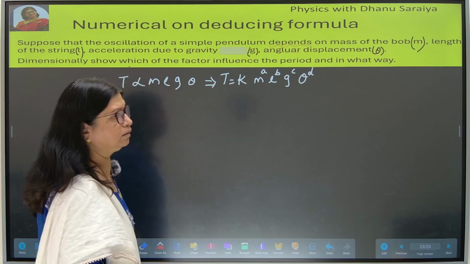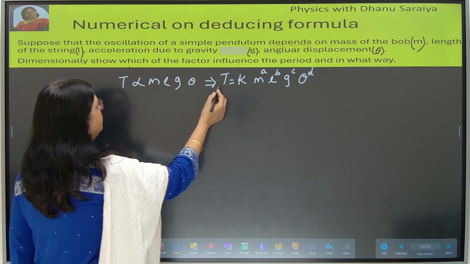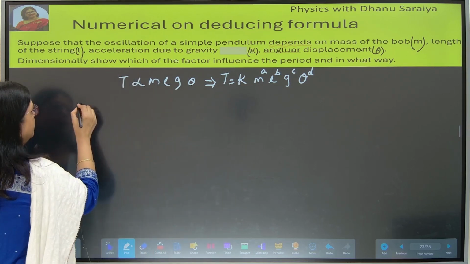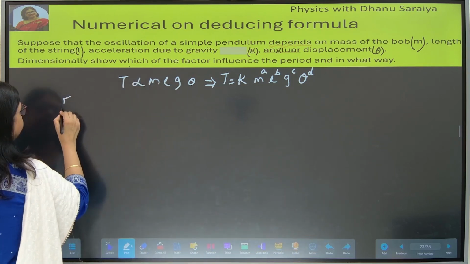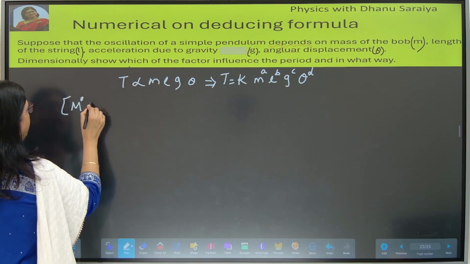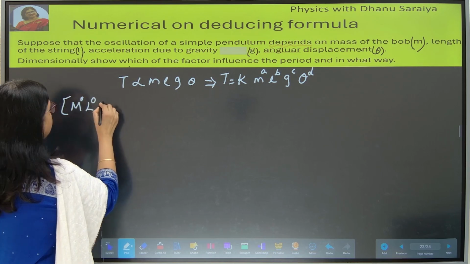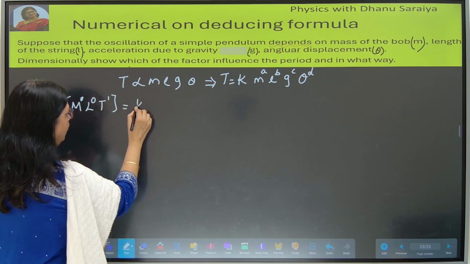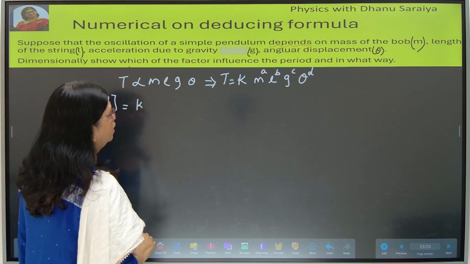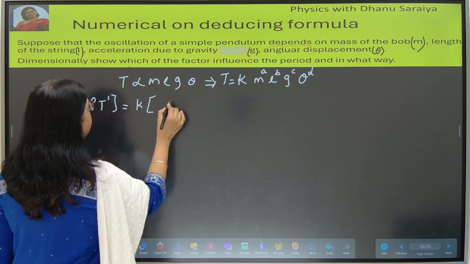So first we will write down their dimensional formulas. Let us write down the dimension formula of T first. What is the dimension formula of T? M raised to 0, L raised to 0, T raised to 1, is equal to K. I am just following this equation. What is the dimension formula of M?